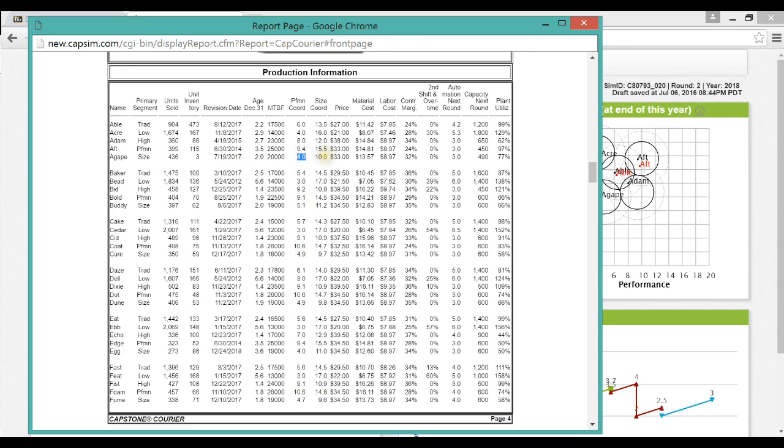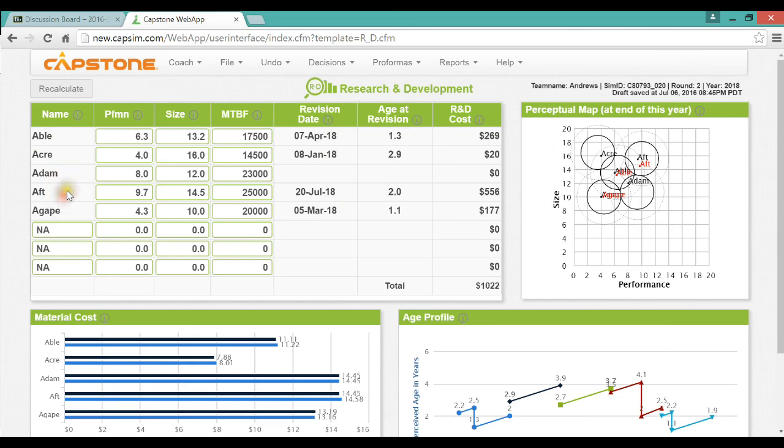Another word of caution is that in your revision dates, you'll notice all of mine are in 2018, which is good. Depending on the change, it may take more than a year to complete, so this would change to 19 or 20. A, it would be very expensive, but B, when you get to the next round, you won't be able to make any changes for that market or product segment.